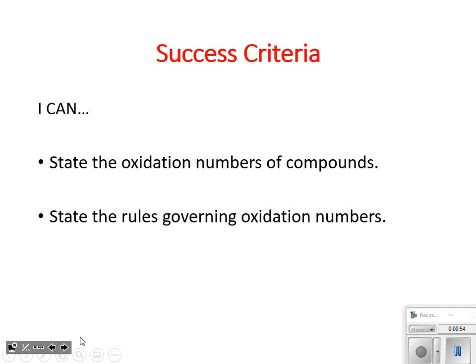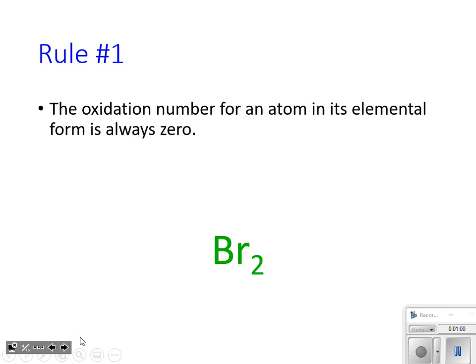I just passed out to you oxidation number rules. So we're going to start by looking at these rules. Rule number 1 states that the oxidation number of an atom in its elemental form is always 0.